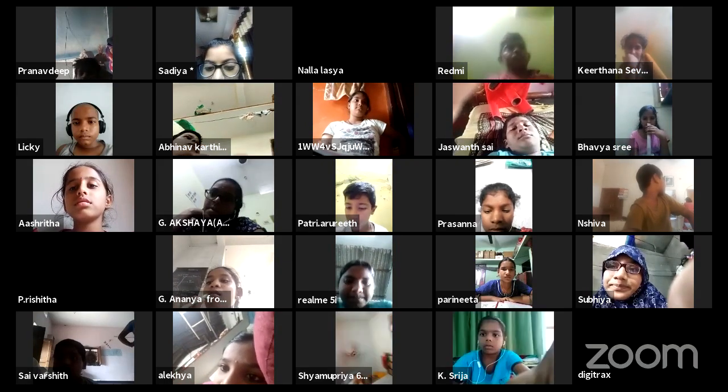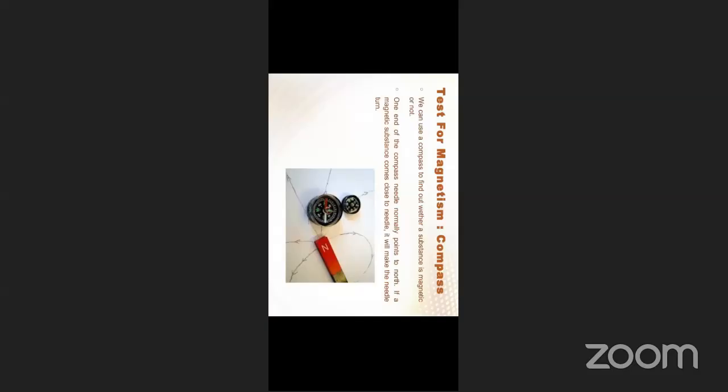You will see that the iron filings are attracted to the bar magnet. Then notice what happens and which side the iron filings are attracted to more. Am I clear to you?